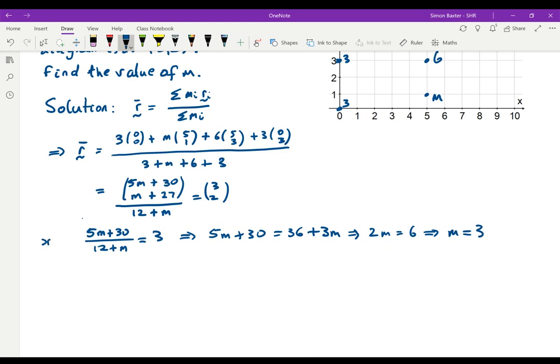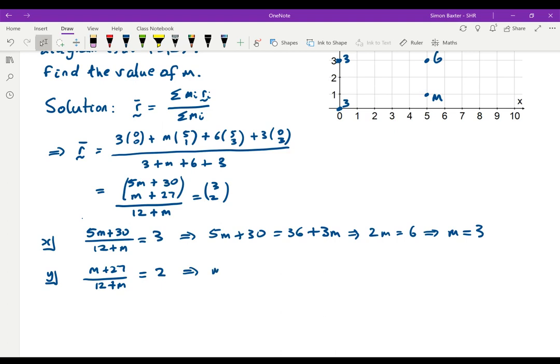That was when we were looking at the x-coordinate. Let's just make sure that the y-coordinate is working, that we haven't made a stupid mistake. The y-coordinate is the bottom of the vector. We get m plus 27 divided by 12 plus m is equal to 2.